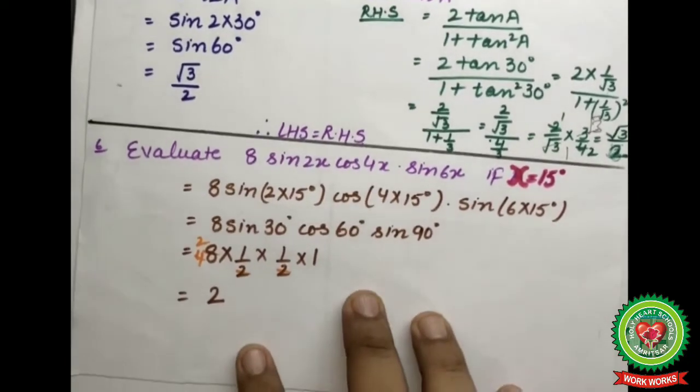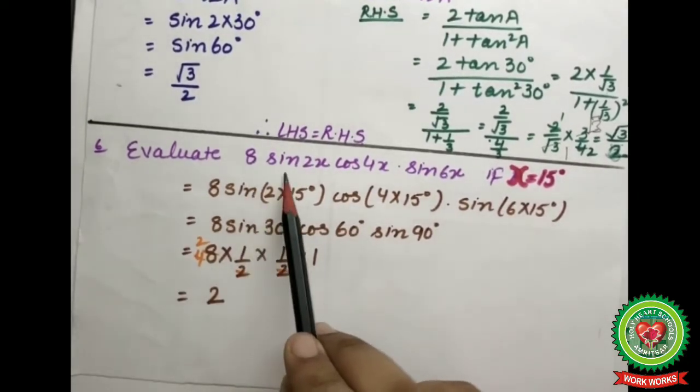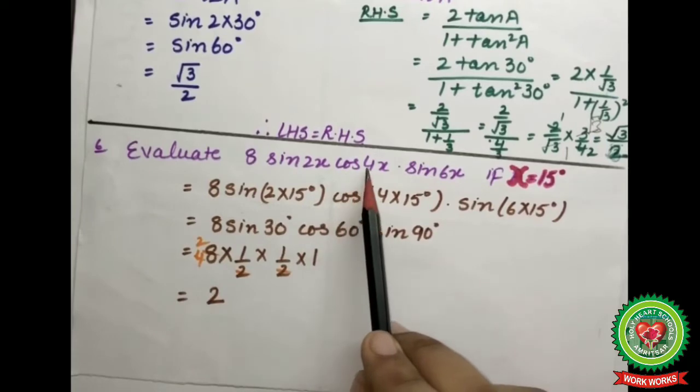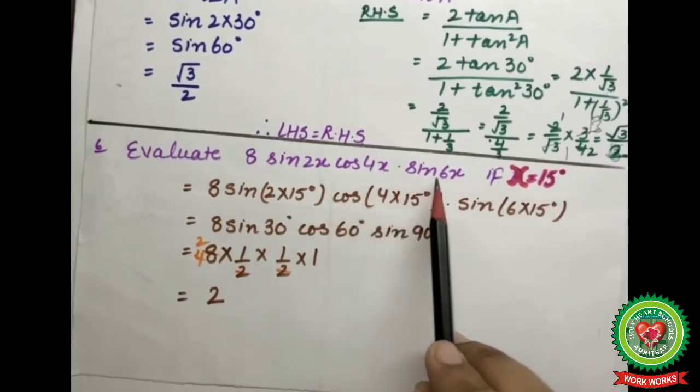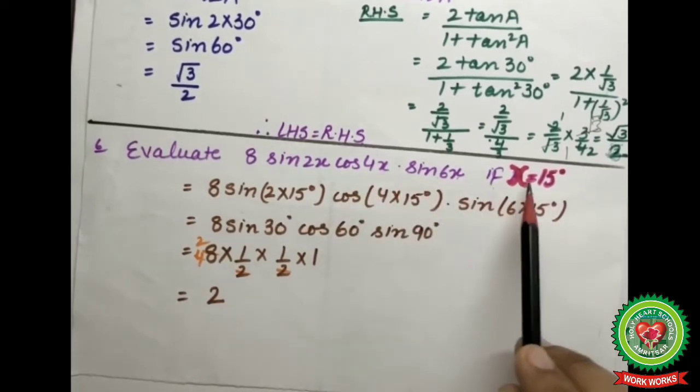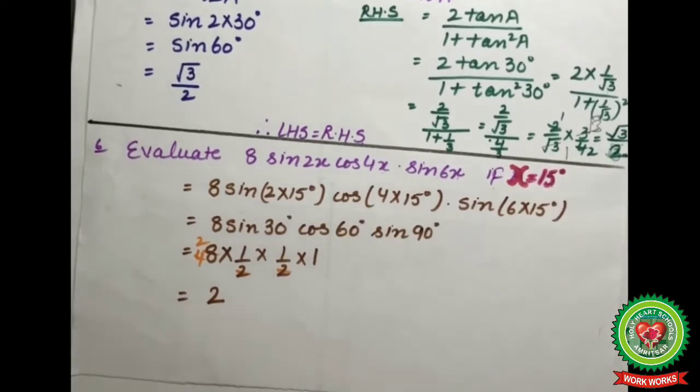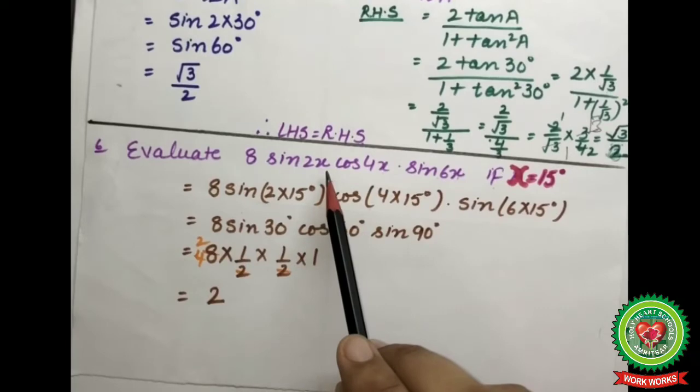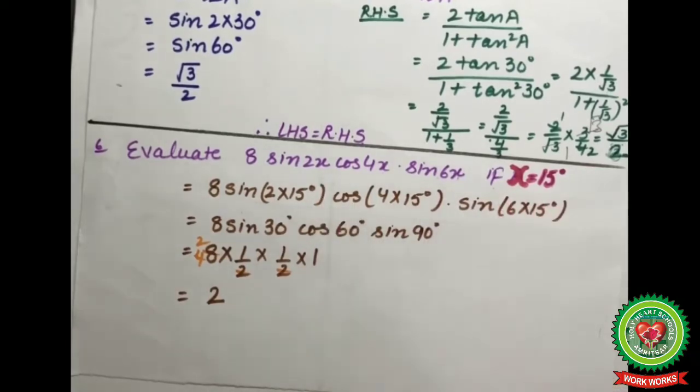The next sum is 8 sine 2x cos 4x sine 6x if x is equal to 15 degree. So now in this sum, we are going to substitute the value of x as 15 degree.